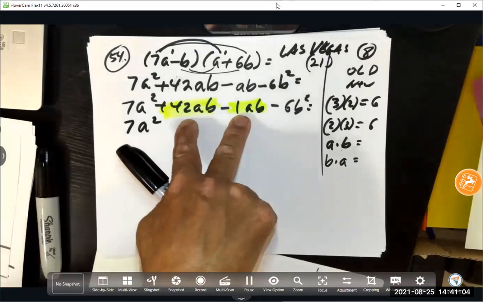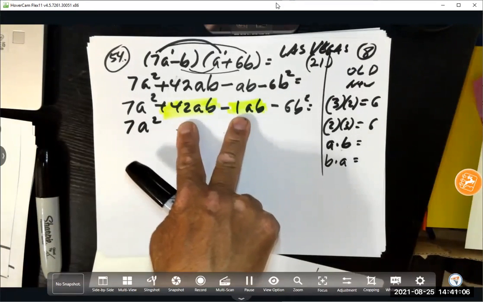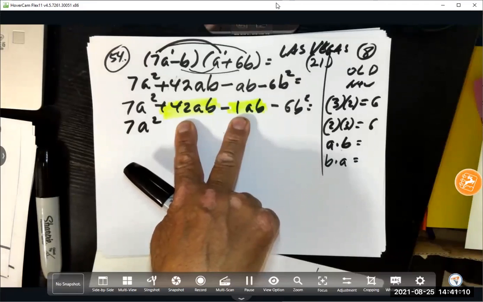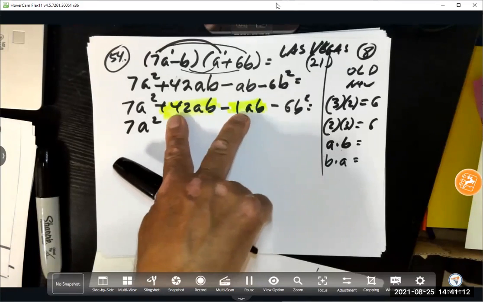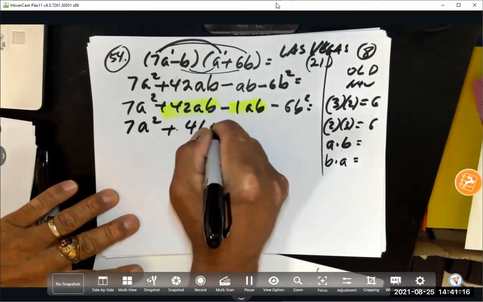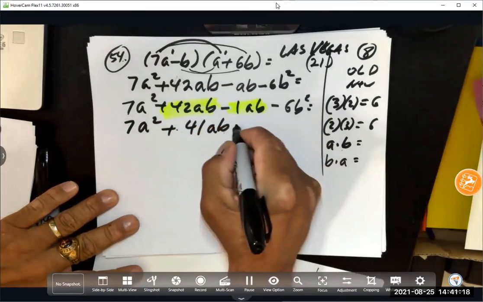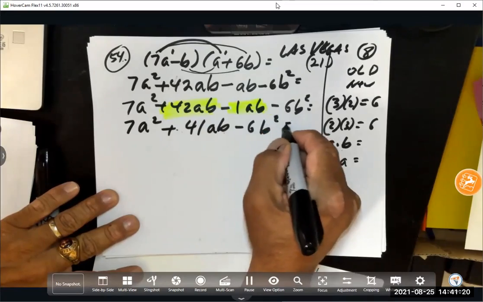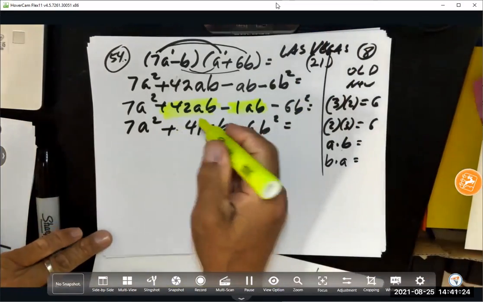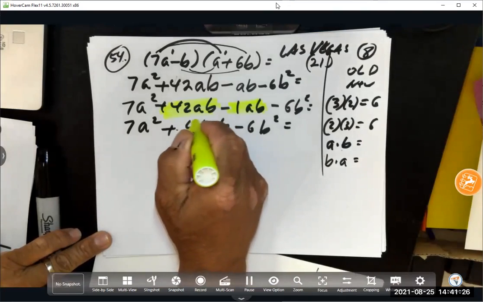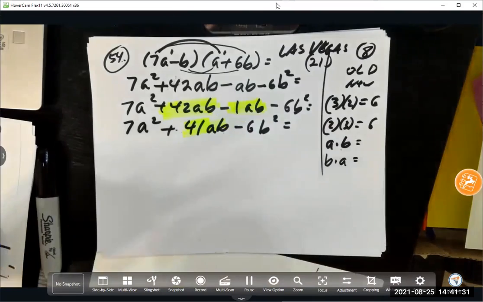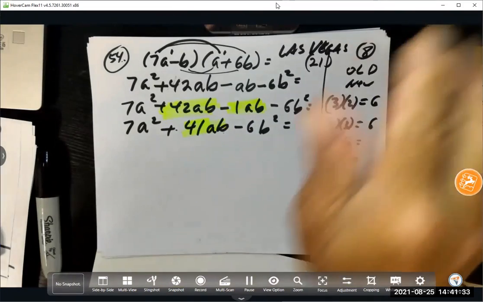What's 42ab minus 1ab? What is this number? 41ab. Somebody said it's positive 41ab. Yes or no? Yes. So right now you have in your pockets, your backpack, $41,000, a bunch of $100 bills all over the place.